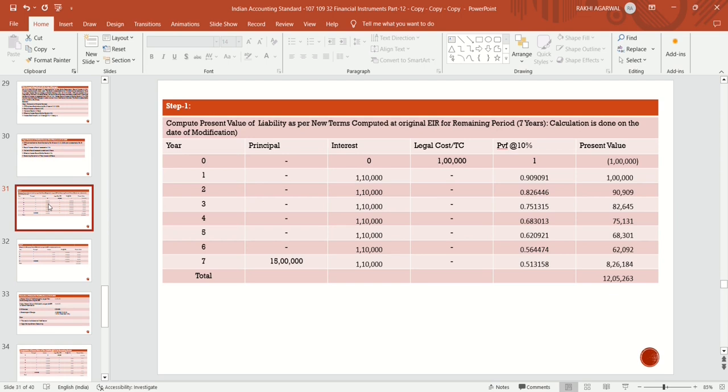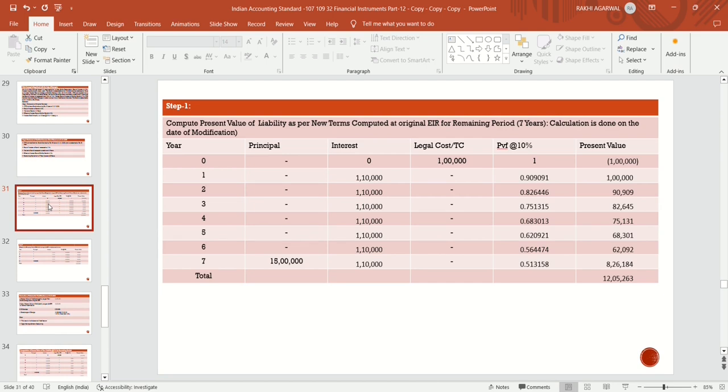On the date of modification, we calculate the present value of the liability as per new terms, by taking the original effective interest rate for the remaining period, because 5 years have already lapsed, and modification takes place after 5 years. Previously it was a 10 year contract, now it is extended by 2 more years, so the remaining period left is 7 years.